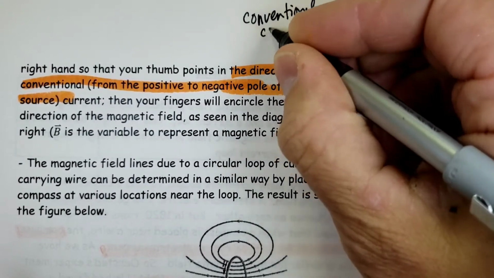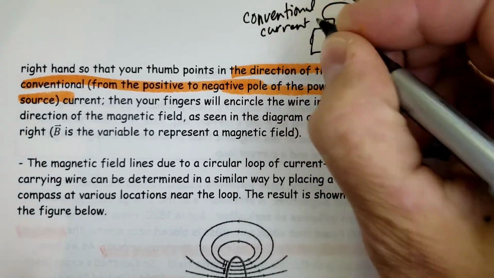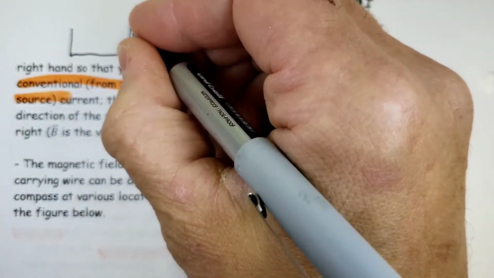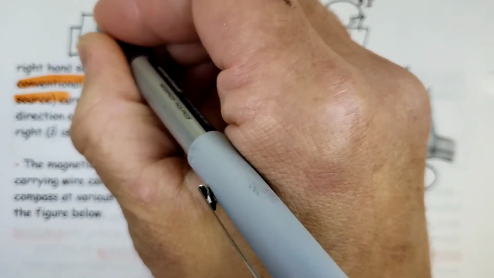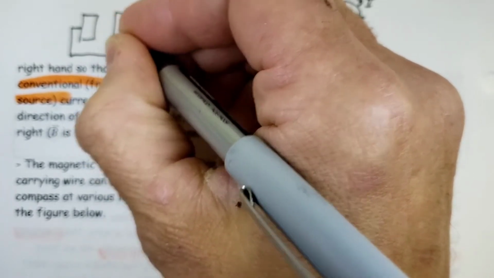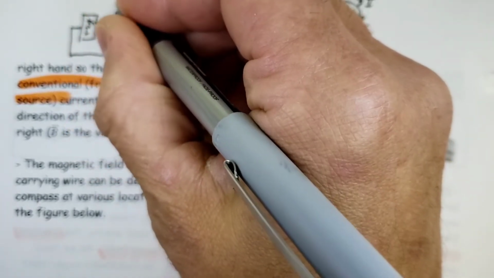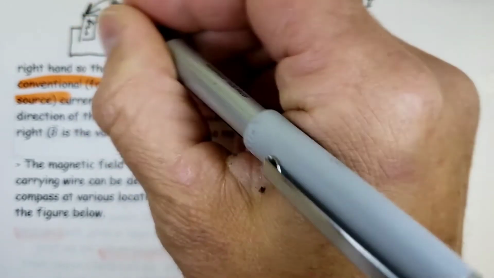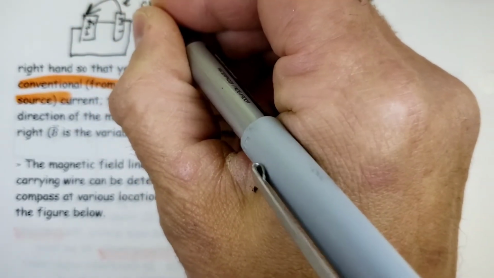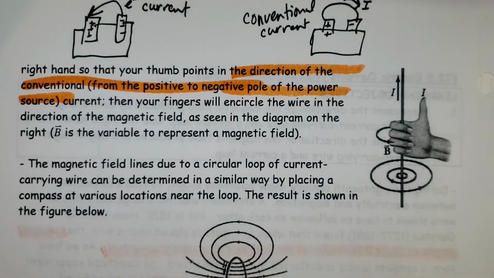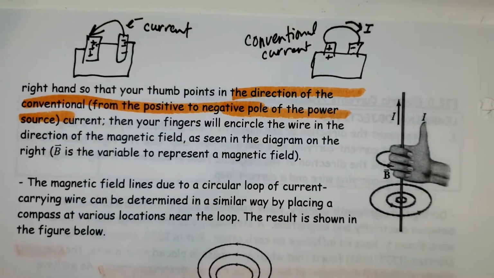Of course, there's another kind of current, which is the true way of looking at it. Positive charges flowing one way is the same as negative charges flowing the opposite way. That's electron current. So we'll look at this in two ways: in terms of conventional current and electron current.